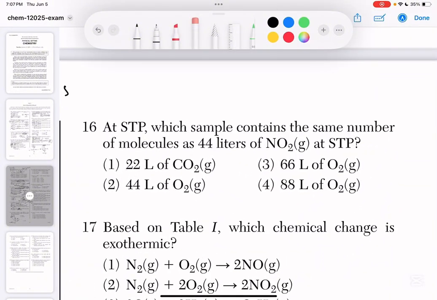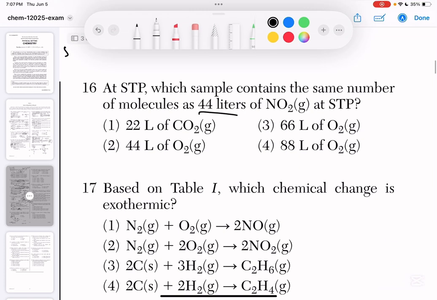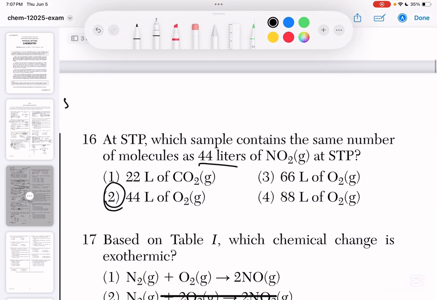So, at STP, same number of molecules as 22 liters. This one would just be number 2, because always at STP, 22.4 liters is 1 mole of gas, right?